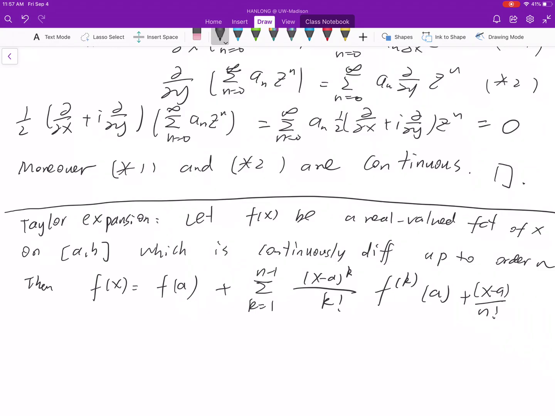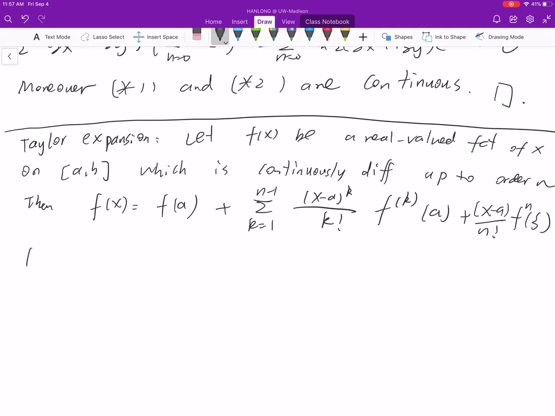So this is a Lagrange remainder form, for a certain c in (a, b).